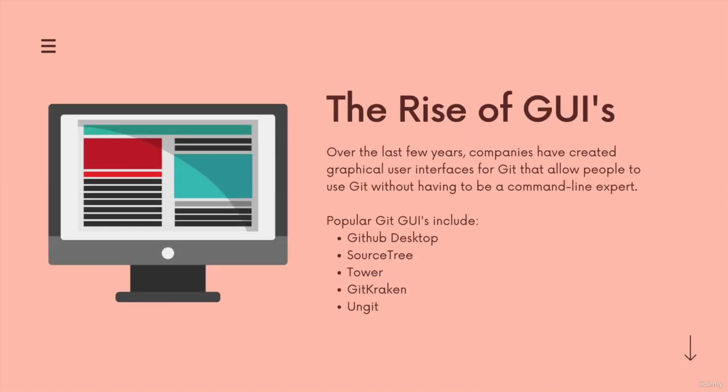With that said, as Git's popularity has increased, so have a number of GUIs, graphical user interfaces, pieces of software you download that make it easier, or at least more visual, to interact with Git. There are quite a few of these different applications out there, for all different platforms. Some of the more common ones are GitHub Desktop, SourceTree, Tower, GitKraken, Ungit.